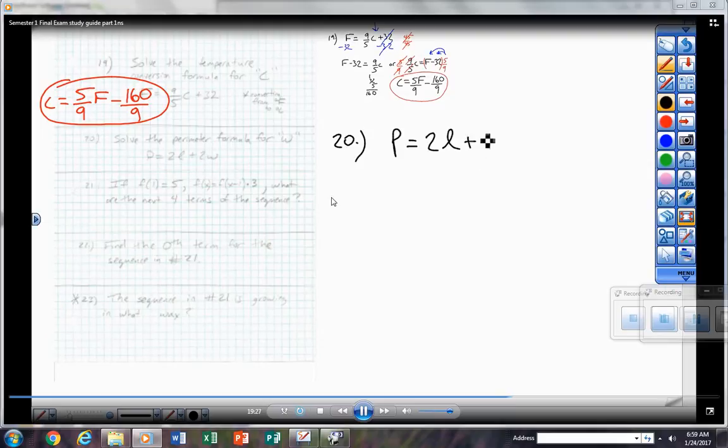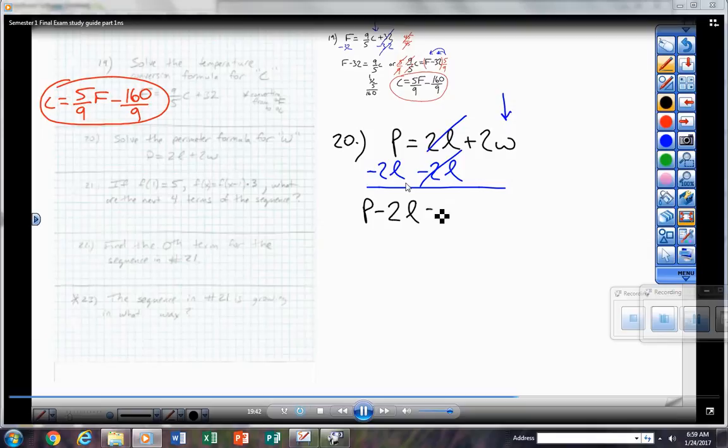So again, to solve for that variable, look to add or subtract any terms around it first. Just like that problem above it where I added and subtracted first, same thing. Look to add or subtract a term away first. That gives you P minus 2L equals 2W. And now to get that W by itself, the opposite of multiplying by 2 is dividing by 2.